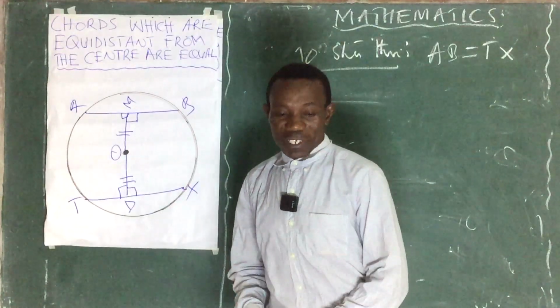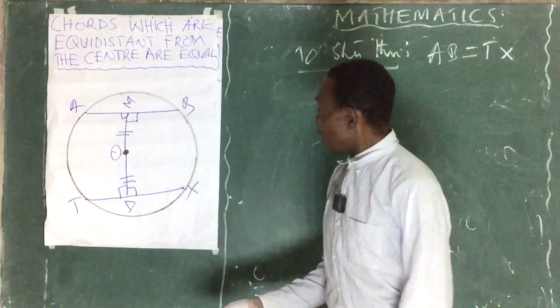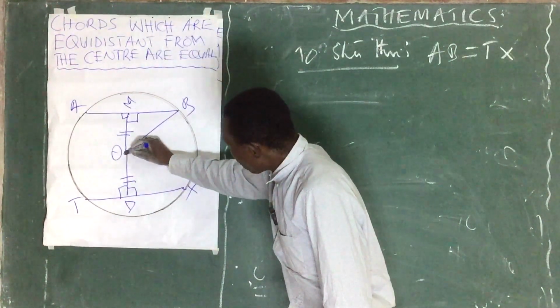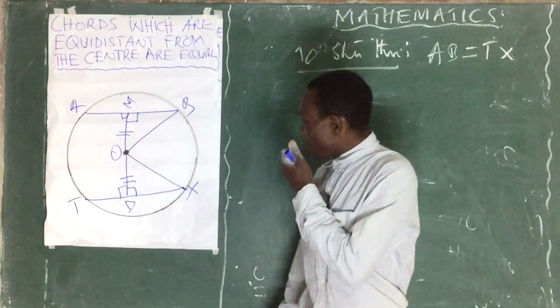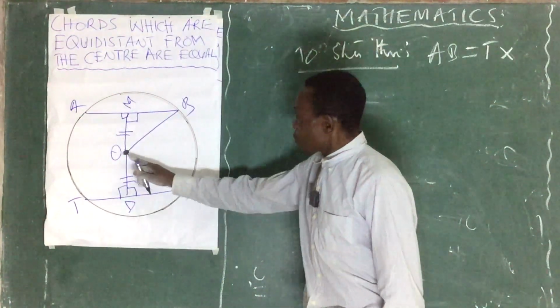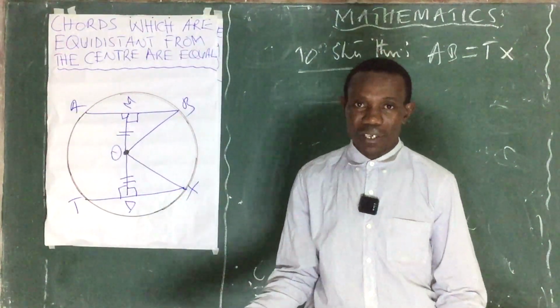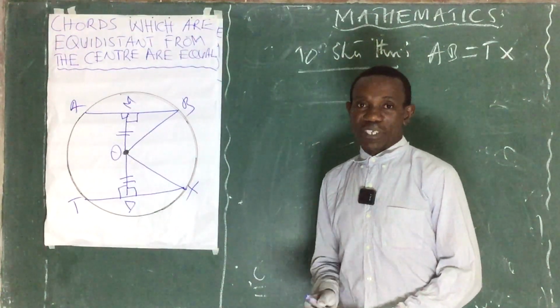The explanation of how we'll do this is similar to what we did earlier. Join your O to B, O to X, things like that. Once you connect, prove that the two triangles OMB and ODX are what? Congruent. Then try to depict the sides which correspond to each other.